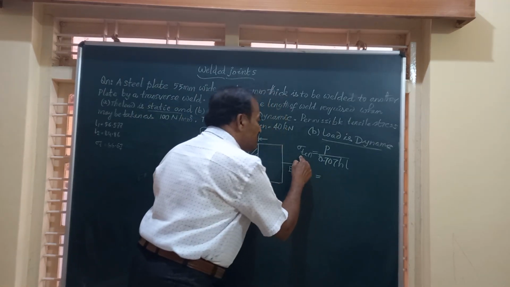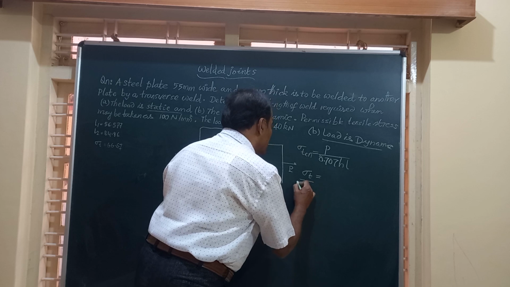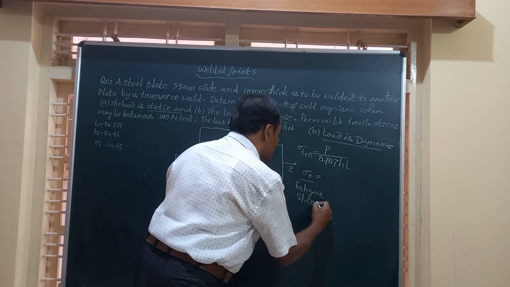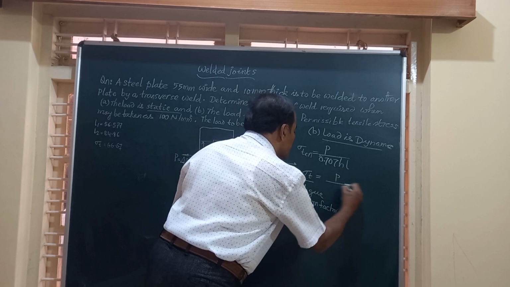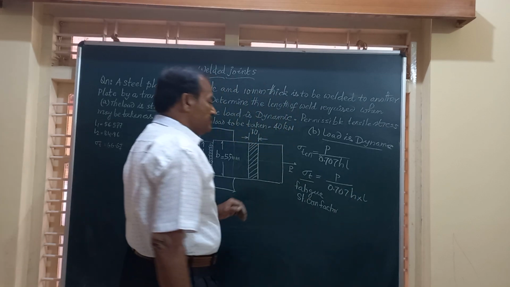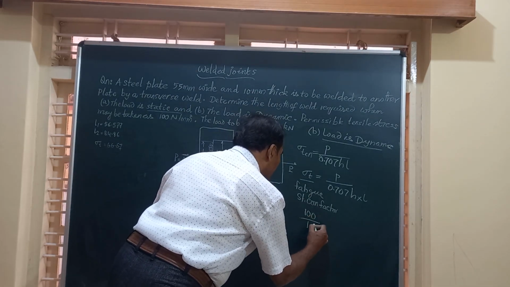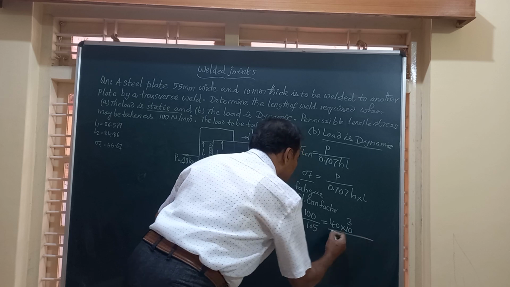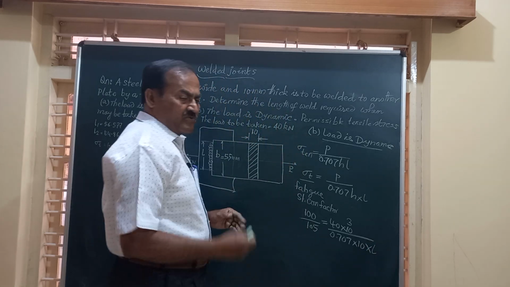So I'll write down here the sigma tensile is sigma T given divided by fatigue stress concentration factor, that is equal to P divided by 0.707 H into L. Friends, sigma tensile is given to be 100 divided by 1.5, that factor is equal to P is 40 into 10 to the power of 3 Newton divided by 0.707, H is 10, L is the length of the weld required.